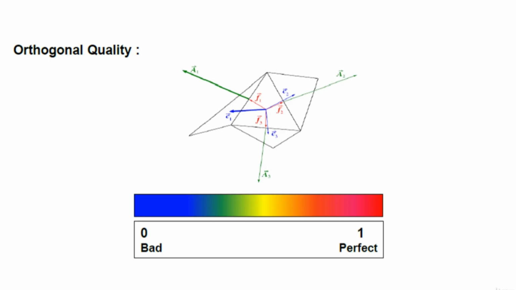The next parameter is known as orthogonal quality. If you want to have a good mesh, then this value should be nearer to the 1 mark rather than nearer to 0. If you are having an orthogonal quality nearer to 0, then you are going to have a low quality mesh.